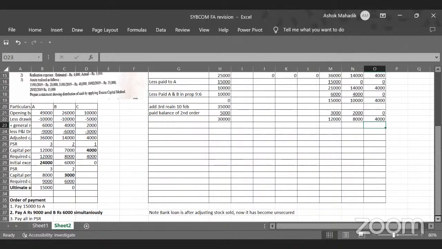So what was the PSR? 3:2:1. Correct. 12, 8, 4 is in 3:2:1. It is in the same order in PSR, so your sum has gone perfectly correct up to here. What is the last order of payment? Pay all in PSR. Henceforth, all value will be in PSR. So let us pay this entire 30,000.